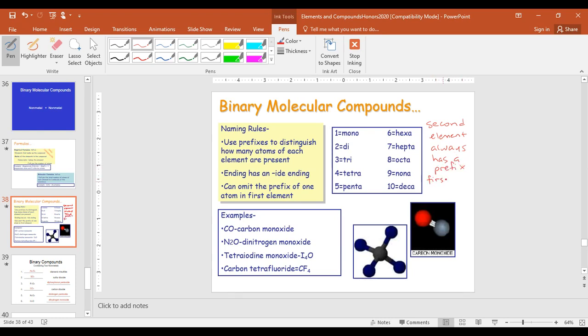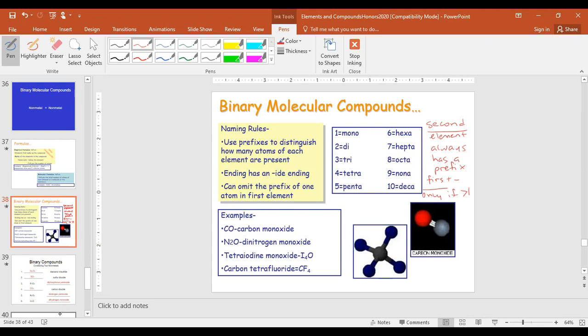First, only if greater than 1. Okay, so if we look at this one here, dinitrogen monoxide, we only have one of the second one, but we put mono in front of it.